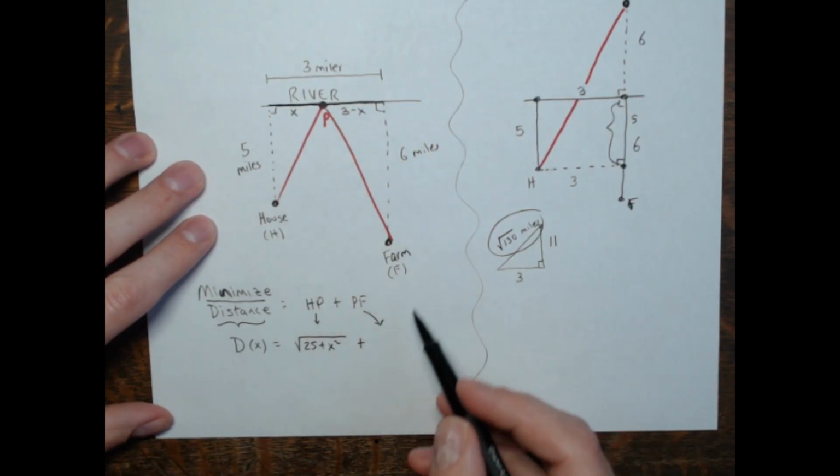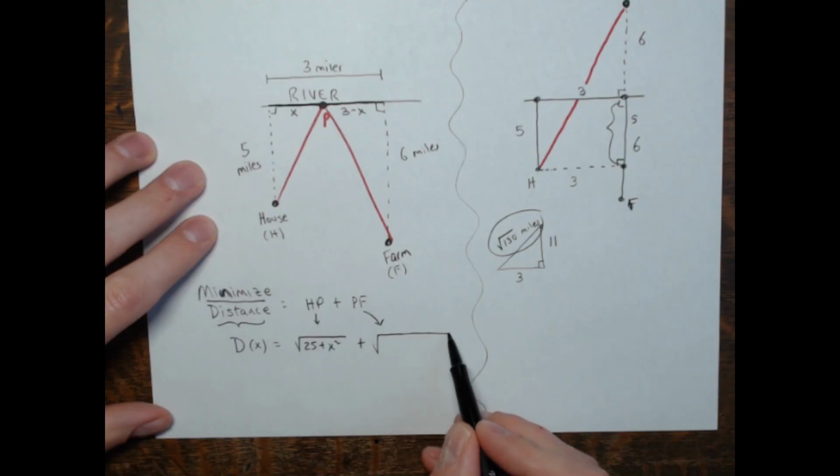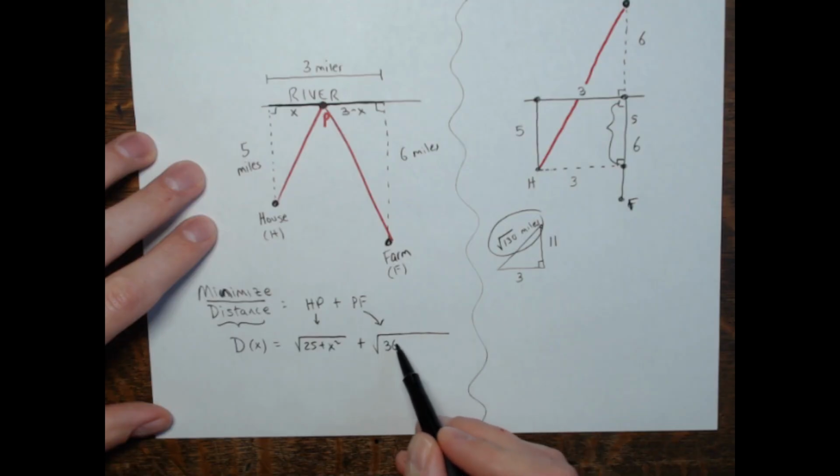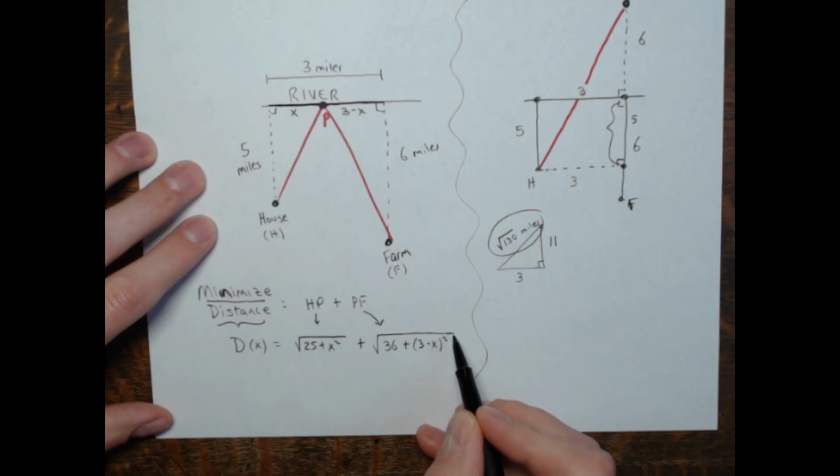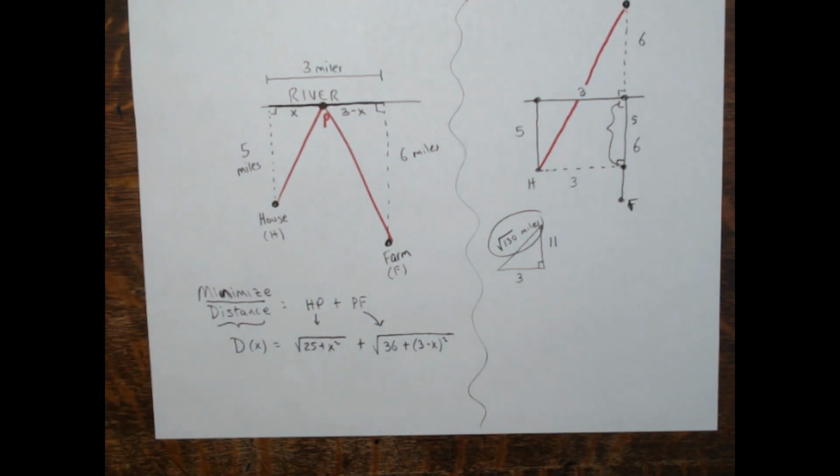So I got another hypotenuse, so square root of 6 squared, 36, plus 3 minus x squared. So there's a distance function, right, of just one variable.